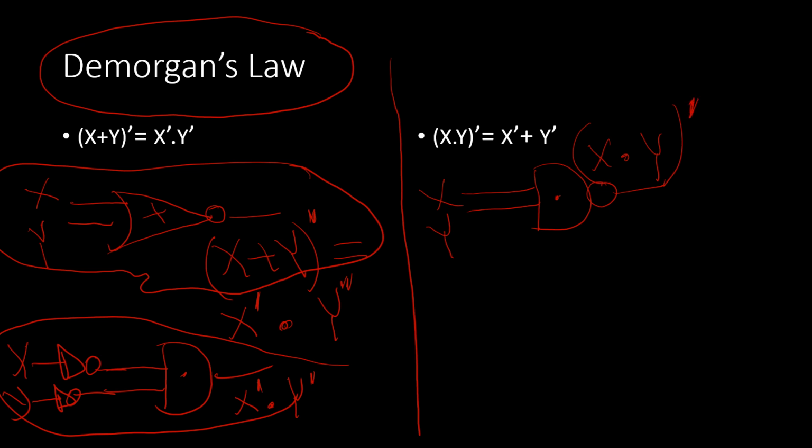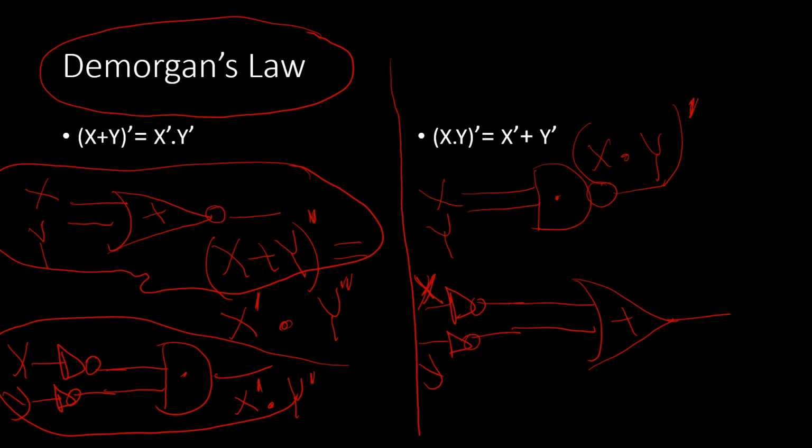This is equivalent to an OR operation, but don't forget first to invert the inputs. So if my inputs are inverted, if I have here X and have Y, at the output I will have X complement or Y complement. This is equivalent to this.